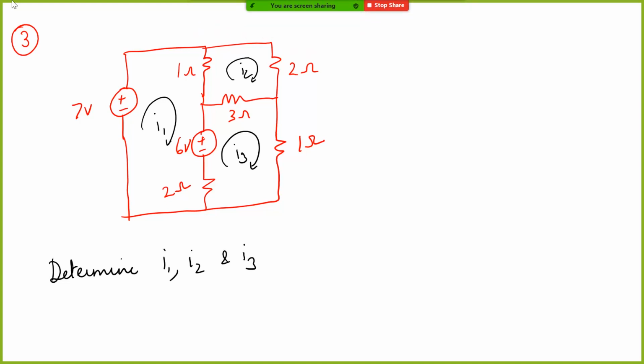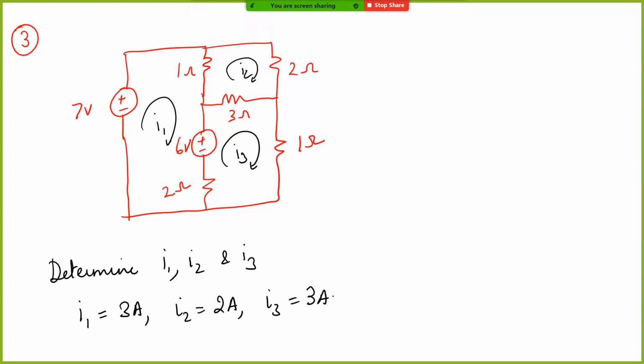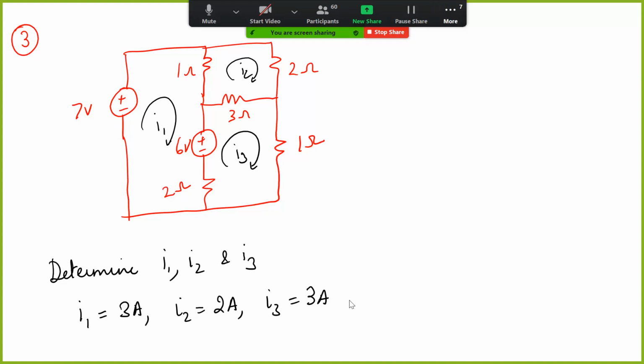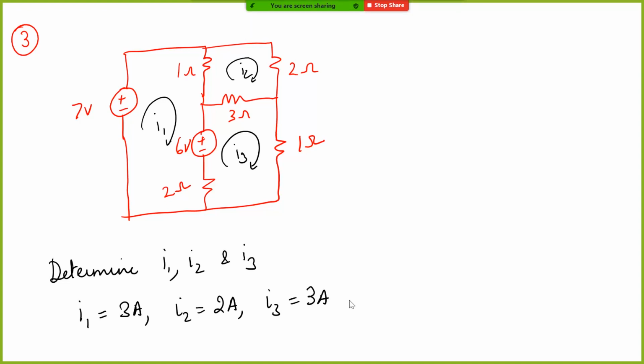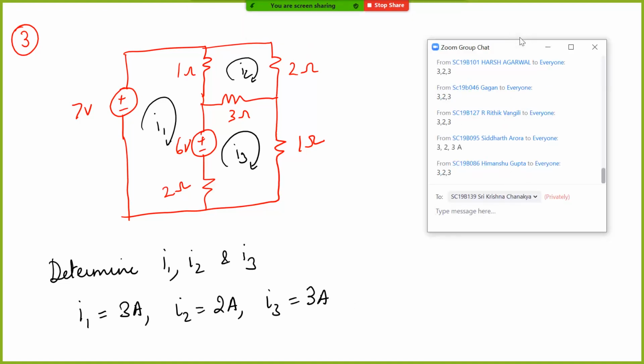Yeah, I1 and I3 are 3 amperes, and I2 is 2 amps. Correct? Okay, good.